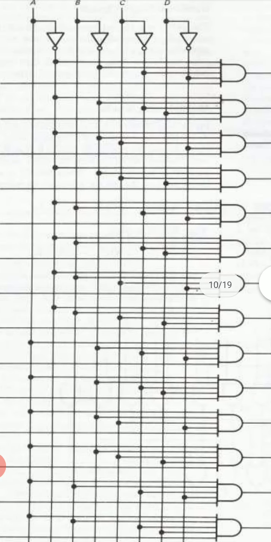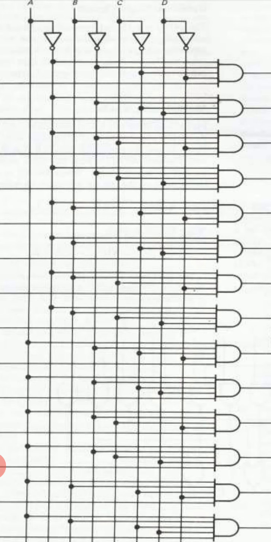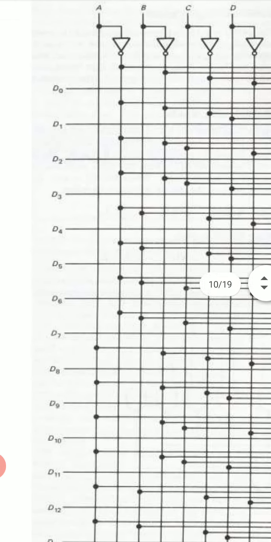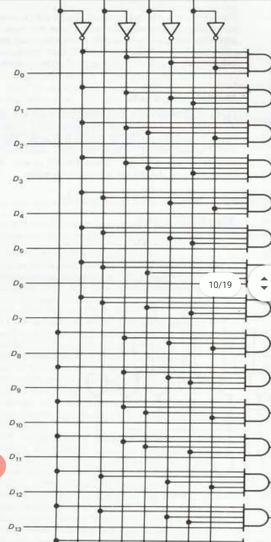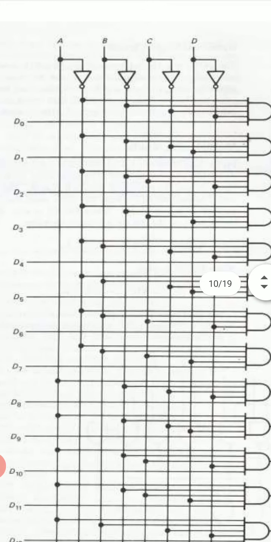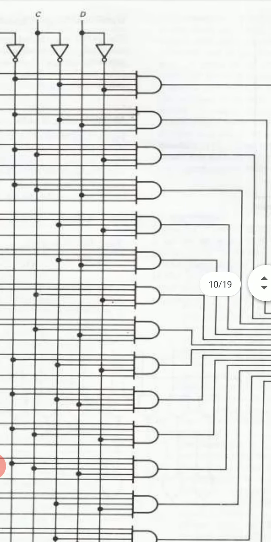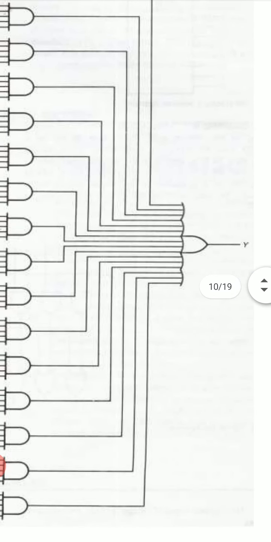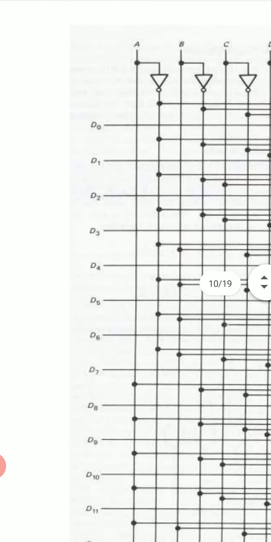So the upper AND gate has 5 inputs. 4 are A bar, B bar, C bar, D bar, and the fifth is D0. So if A, B, C, D each is 0, that is the input control word is 0, 0, 0, 0, output Y will be equal to D0.